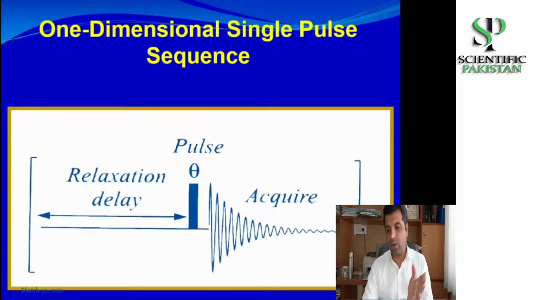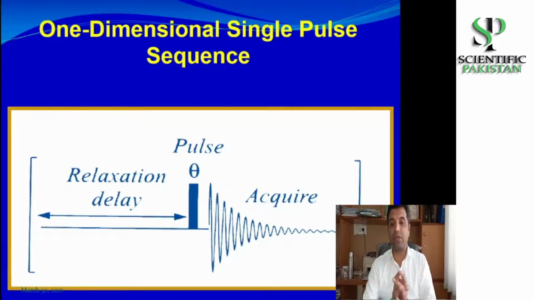And then you allow it some more time. It goes down here and it almost reaches zero here, but still you allow it some time to relax so that all the protons reach the z-axis back, and then you give another pulse. So you give it some relaxation delay, and then you give another pulse, acquire again, relaxation delay, then another pulse, and so on.